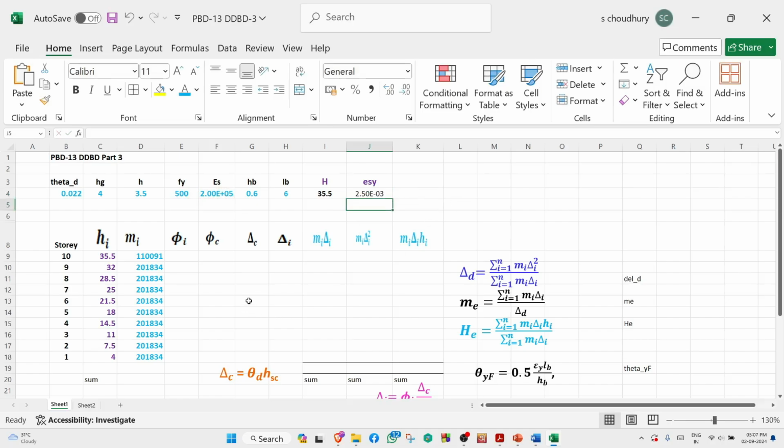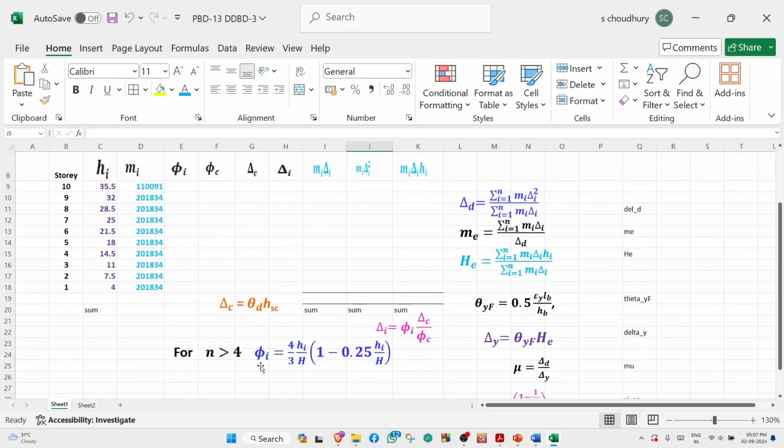Now we need to calculate phi I. Phi I formula is given here. We are taking the Pettigrew and Priestley expression. So if n is greater than 4, then phi I equal to 4 by 3 hi by h, into 1 minus 0.25 hi by h. So let us put this formula.